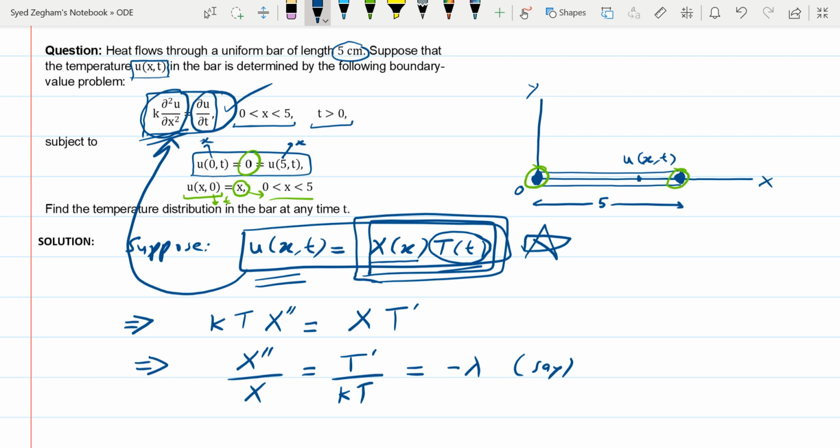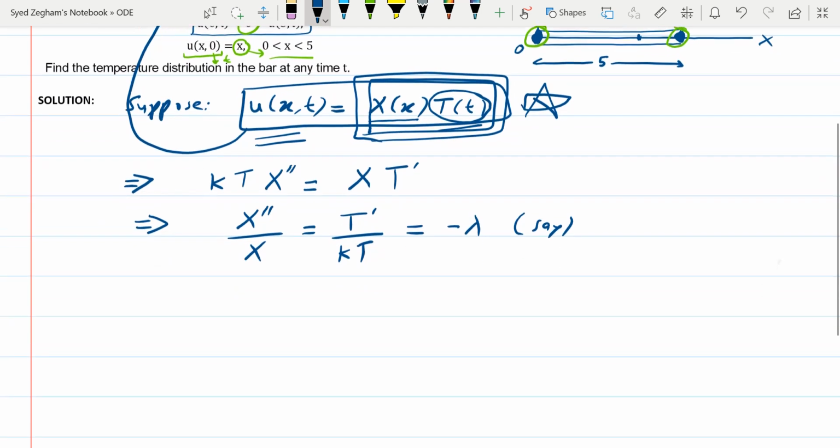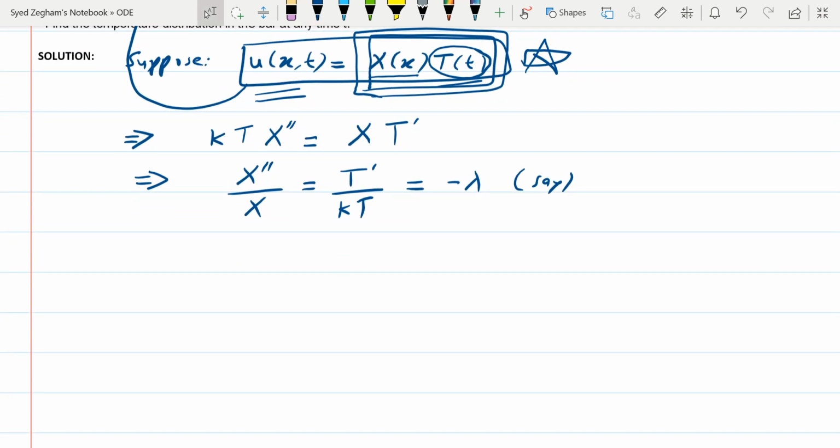Now, what is the next step? From here, I will get two equations. One equation will be x double prime divided by x is equal to minus lambda.